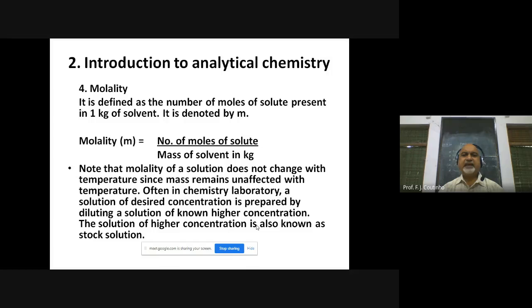Suppose concentrated acid is already there and I want to prepare a dilute acid. I add water to the required amount, definitely distilled water, to prepare a dilute solution from a concentrated one.